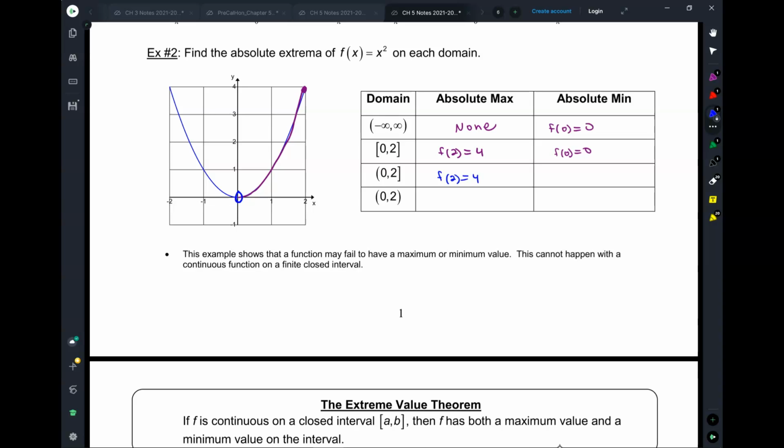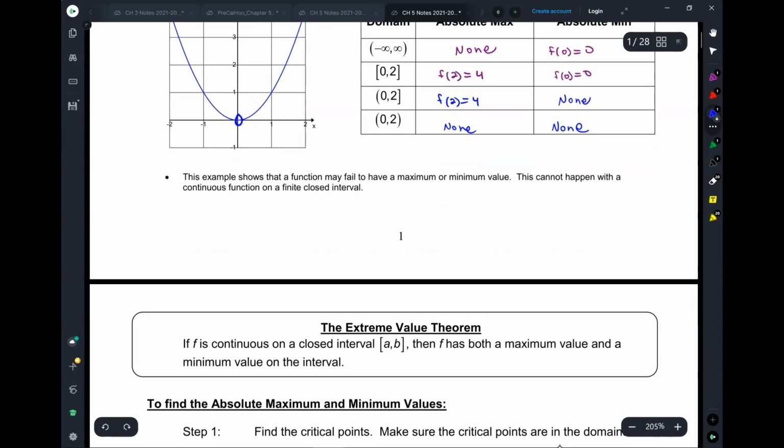You couldn't even say 0.01, because is it 0.01 or 0.001 or 0.1? There is just not an absolute minimum, okay? And then here, when they're both open, it's none for both.